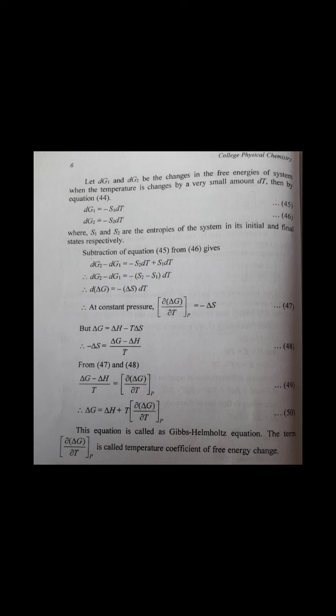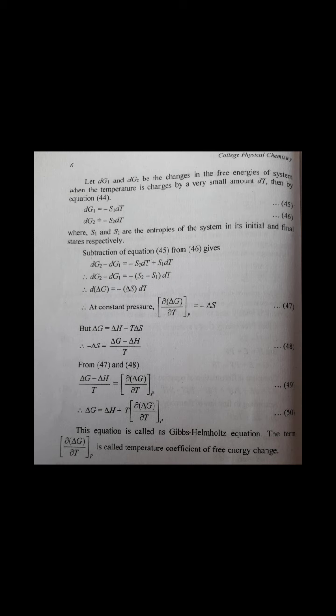So if you compare 47 and 48, if you put the value of 48 into 47, d delta G upon dT at constant pressure P is equal to delta G minus delta H upon T, or vice versa. Delta G minus delta H upon T is equal to d delta G upon dT at constant pressure. Everybody understood?